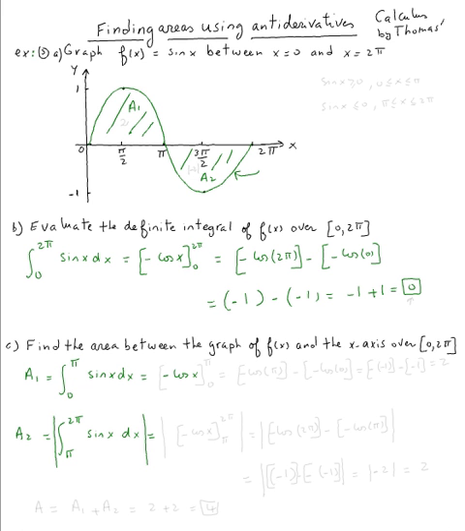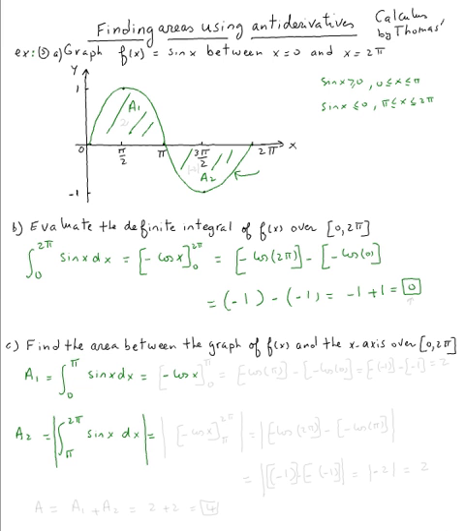Sine of x is positive when x is between 0 and pi. That's why the area is just the integral of sine x dx. But sine of x is less than 0 when x is between pi and 2 pi. So for the second part we need to use absolute value.